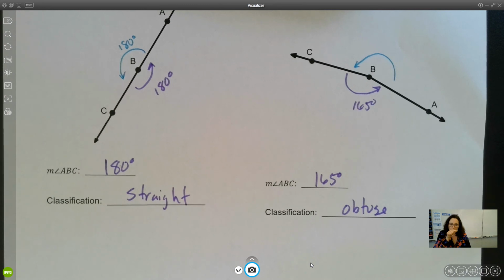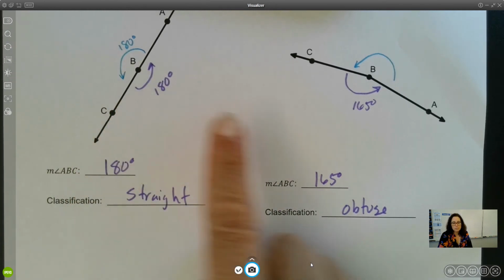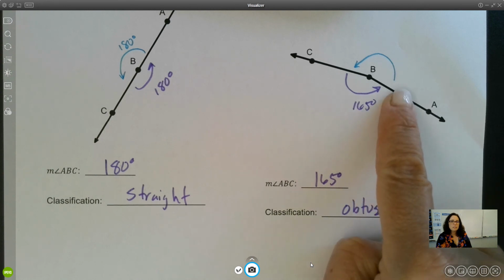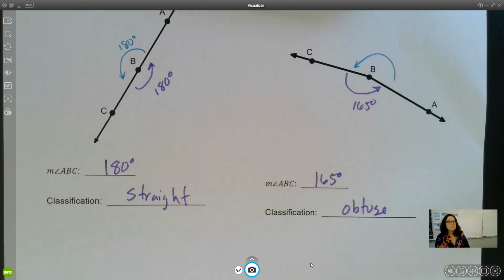Do you know what all of that in a circle adds to? 360. So if we know this is 165, do you know what this would be? 360 minus 165. That's an extension. You don't need to know that for this year.